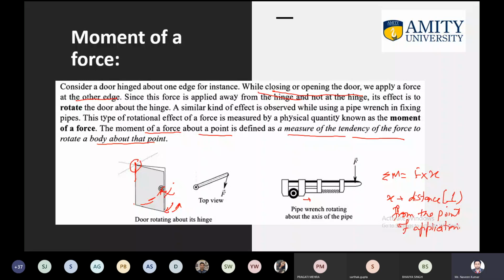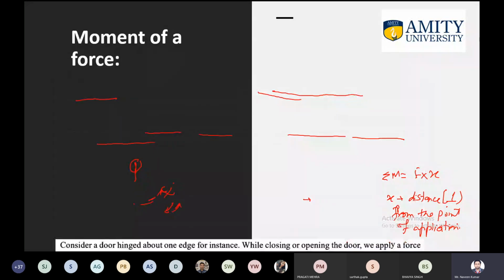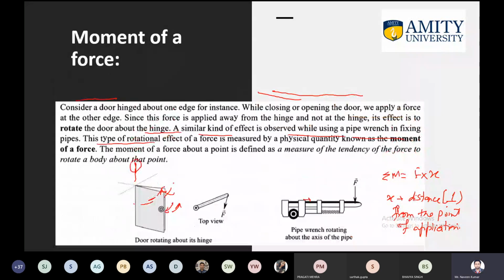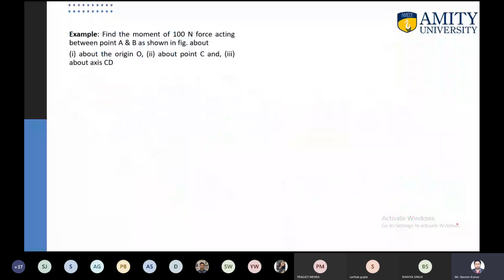So this is the moment, the rotational effect of a force about any body or about any point. It is given by F cross x. We have already discussed the theory part previously, but I am again giving you a simple example. This is the example of a door about the hinge. So this is about the moment of the force, and now this is not too much of your concern.